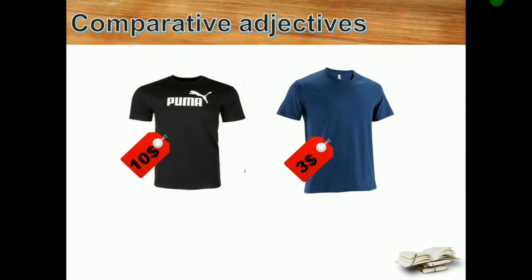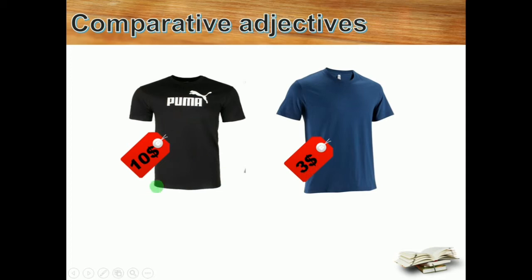All right. Okay, so what I want you to see right now is to see these two t-shirts. We have a black t-shirt and we also have a blue one, right? So we have two t-shirts, the blue and the black. So we can see the prices.